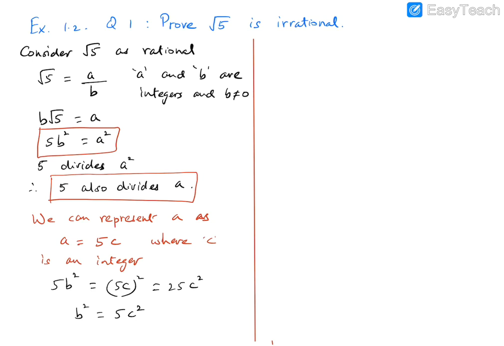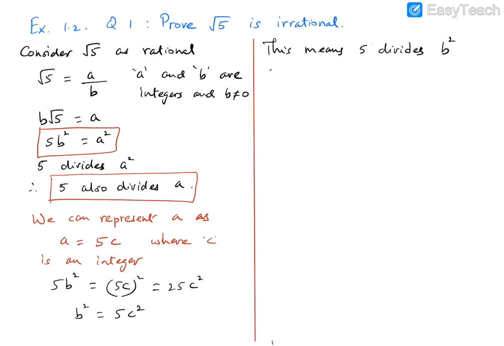From this relationship, since b square is a multiple of 5, we can deduce that b square is divisible by 5, or in other words, 5 divides b square.